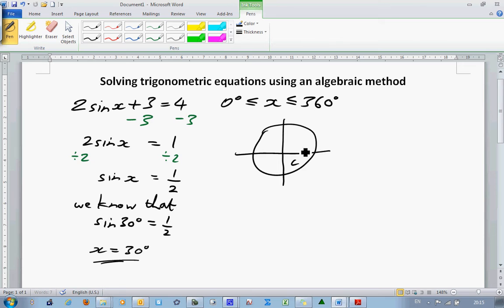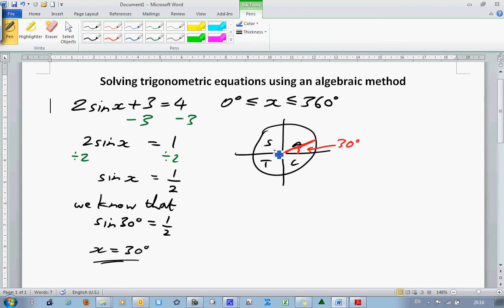What we're looking at here now is that the angle of 30 degrees would be somewhere like that. So that's our 30 degrees in there. Now, sine of x is a half. Where else does sine x equal a half? In the second quadrant, it's also positive.